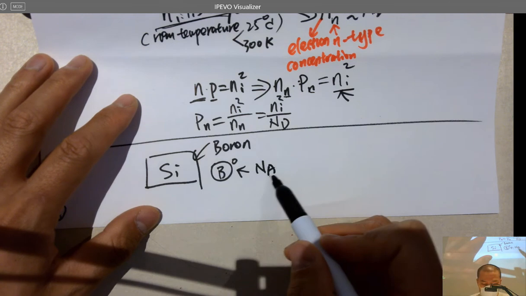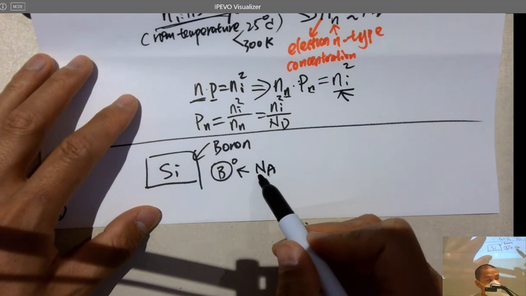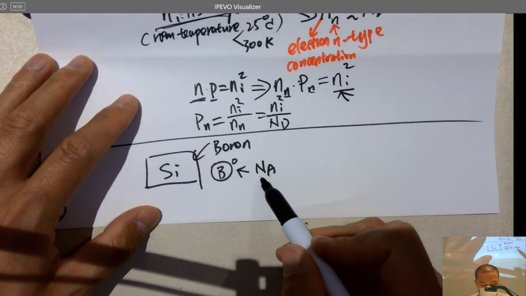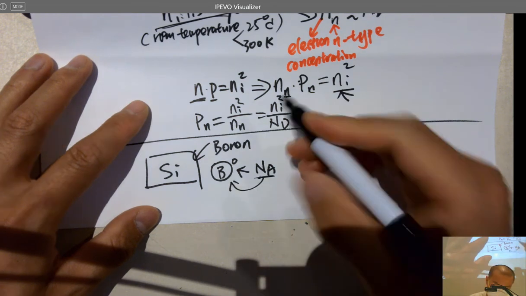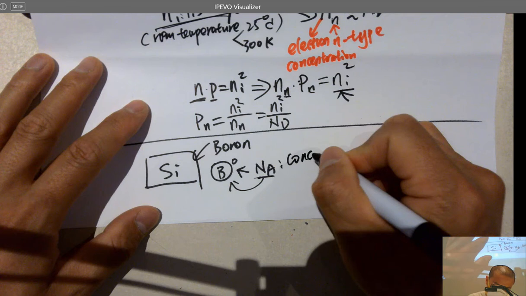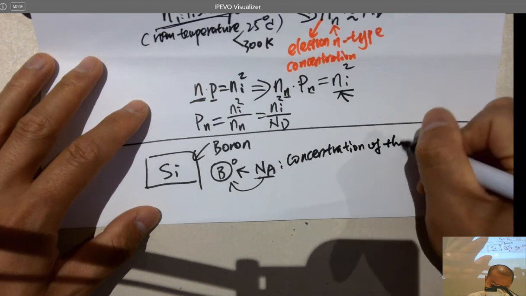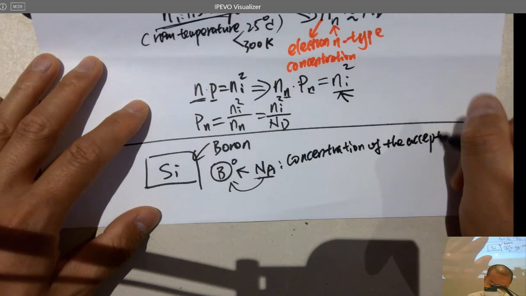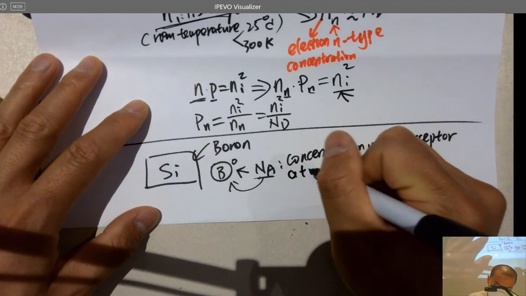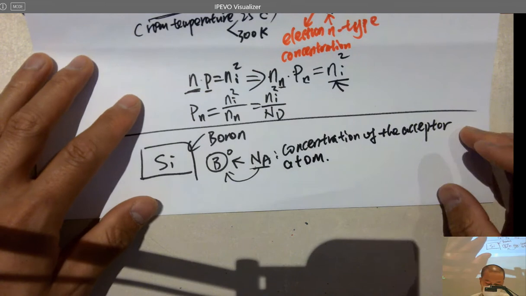And A means acceptor. That's the concentration of the acceptor atoms.